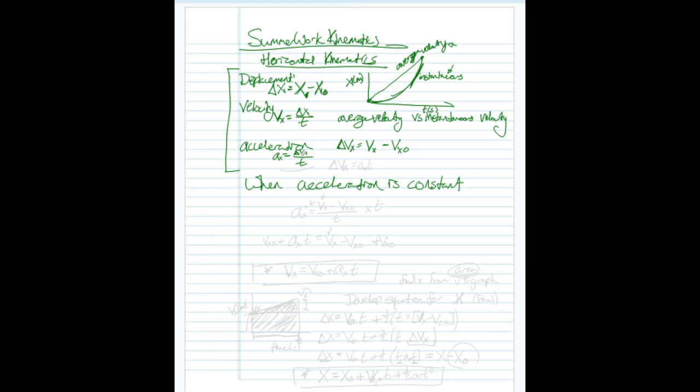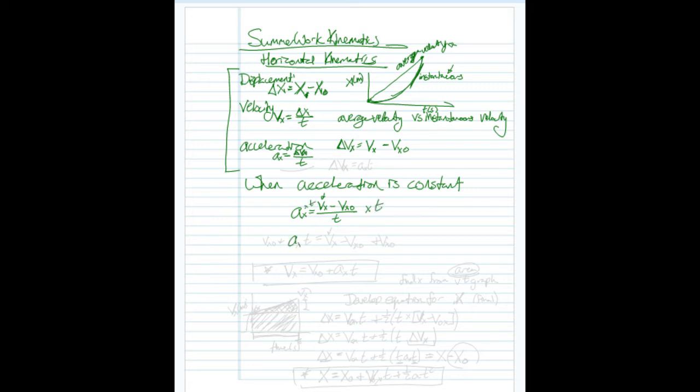The first one we're going to start off with is the acceleration in the x is equal to, instead of writing delta Vx like I have above, I'm going to write Vx minus Vx0 over t. And now I'm going to rewrite this formula to solve it for Vx, so solve for the final velocity. I'm going to start off by multiplying both sides by time.